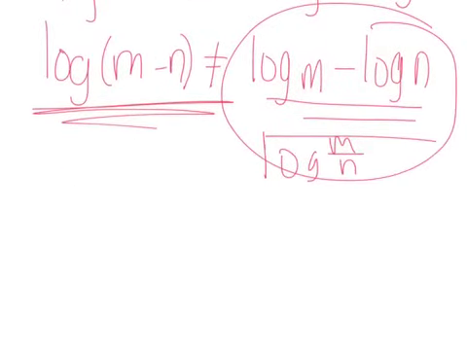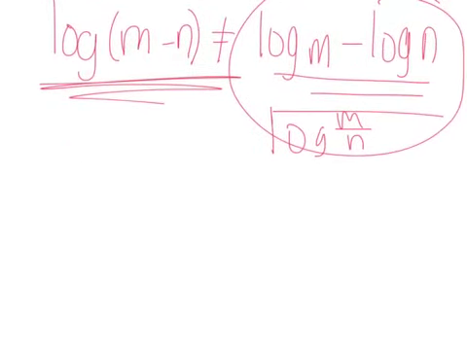Next, we have our power rule. And our power rule, in my opinion, is the most enjoyable one of all, because it's the one that tends to help us the most within this area. Okay? So, x to the power of a to the power of b, you multiply the exponents.